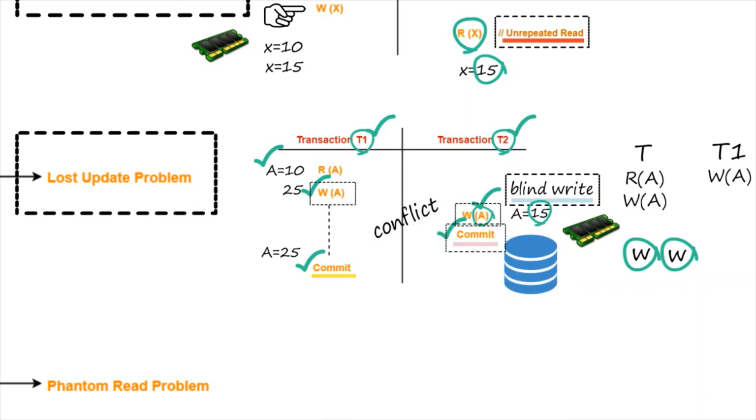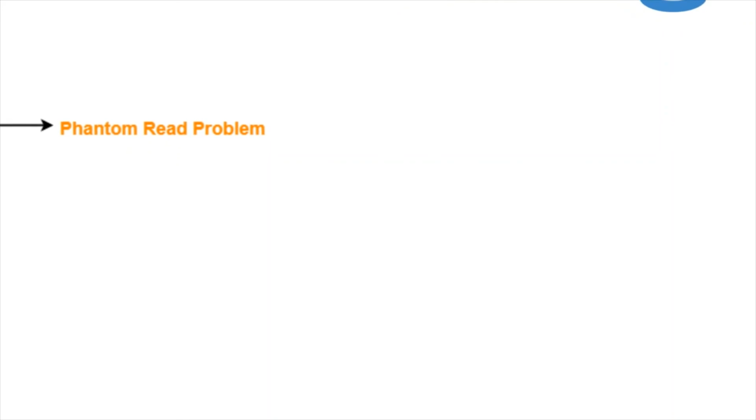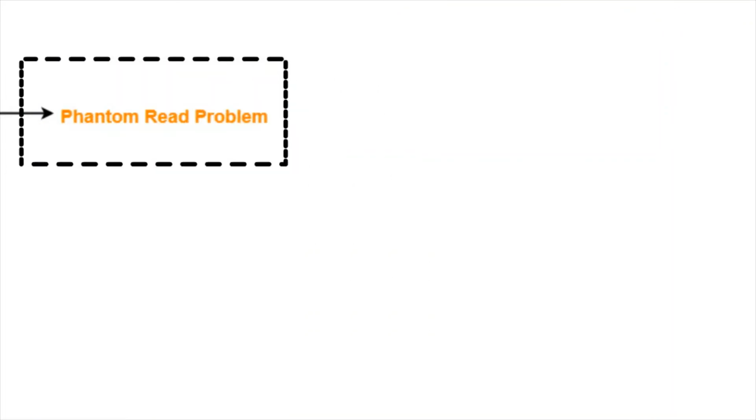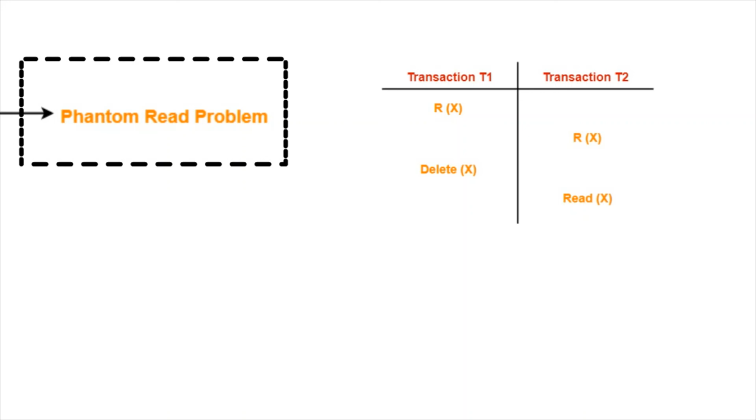Now we will discuss the last problem that may occur whenever we have two transactions executing concurrently. This problem is known as the phantom read problem. This problem occurs when a transaction reads some variable from the buffer, and when it reads the same variable later, it finds that it does not exist.